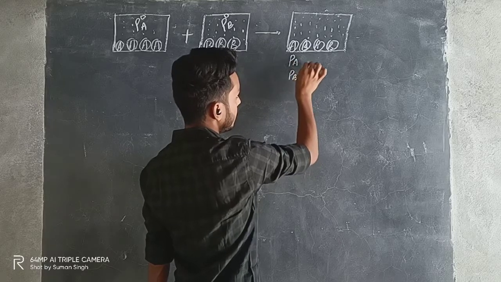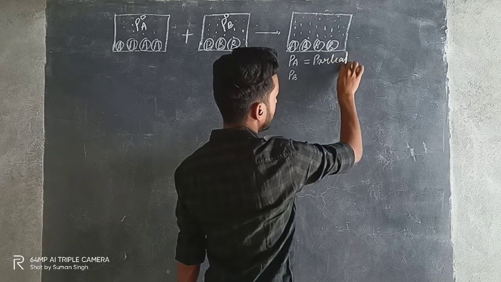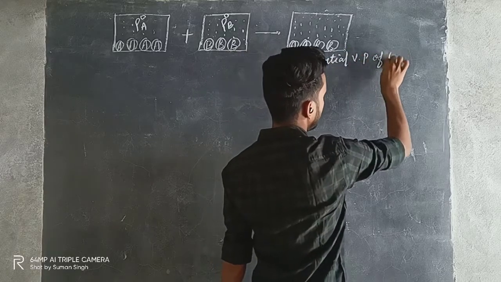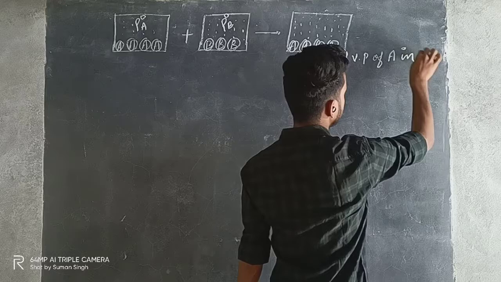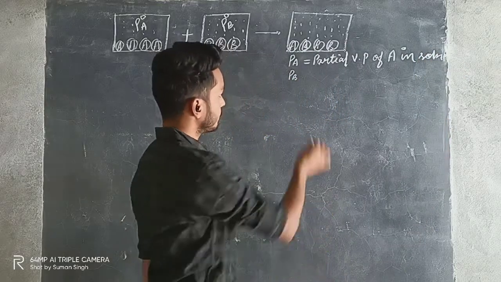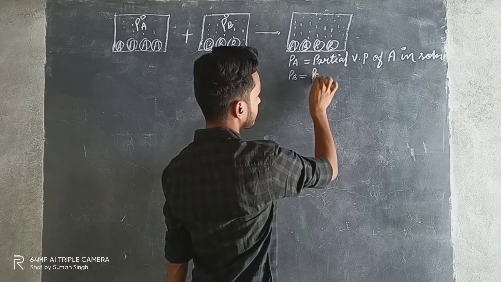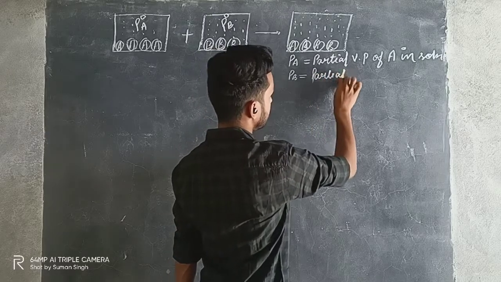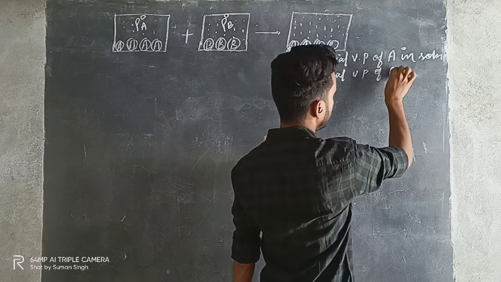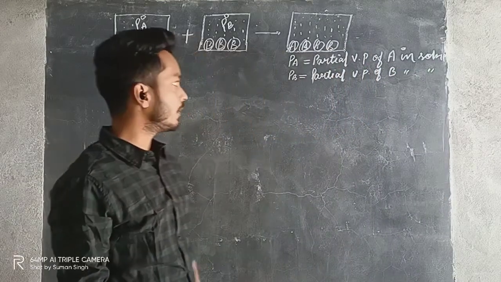So PA was the partial vapor pressure of A in solution, and PB was the partial vapor pressure of B in solution. Up to this it was clear, right?